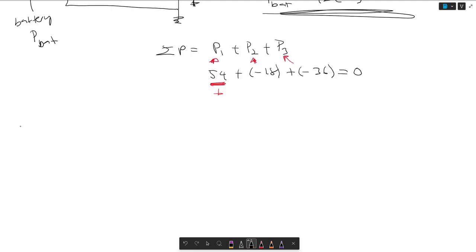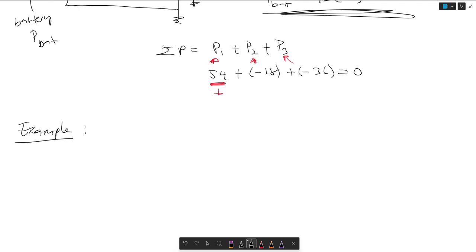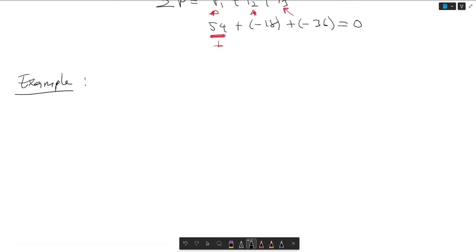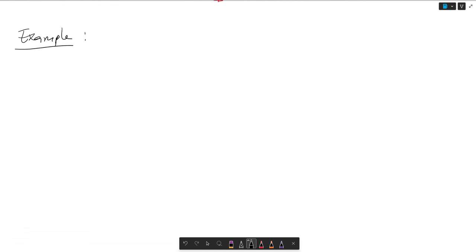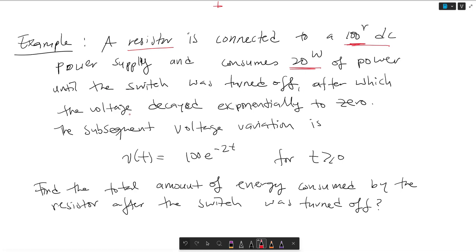Another example we could have, and I'm going to write this off the video so you don't see a whole bunch of writing, just to save time. Essentially this is the problem. The problem states that a resistor is connected to a 100 volt DC power supply and consumes 20 watts of power until the switch is turned off, after which the voltage decays exponentially to 0.